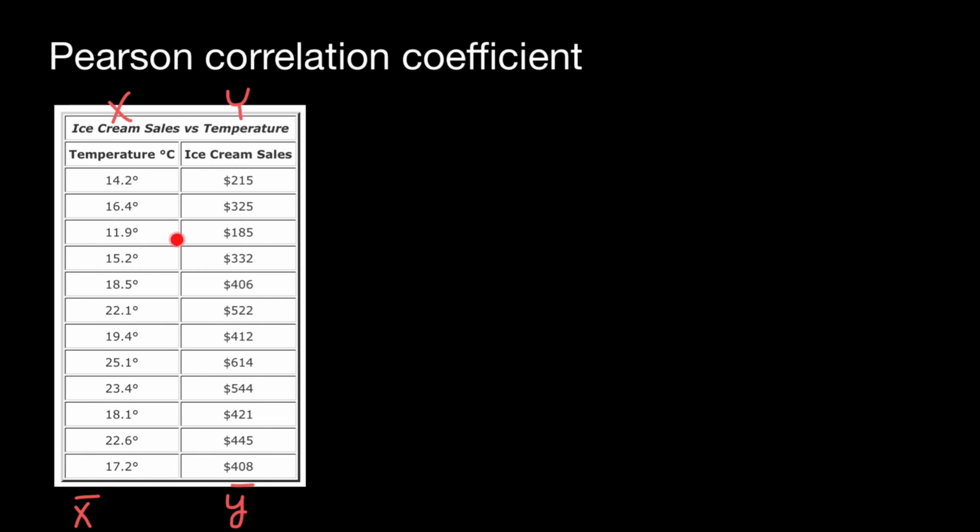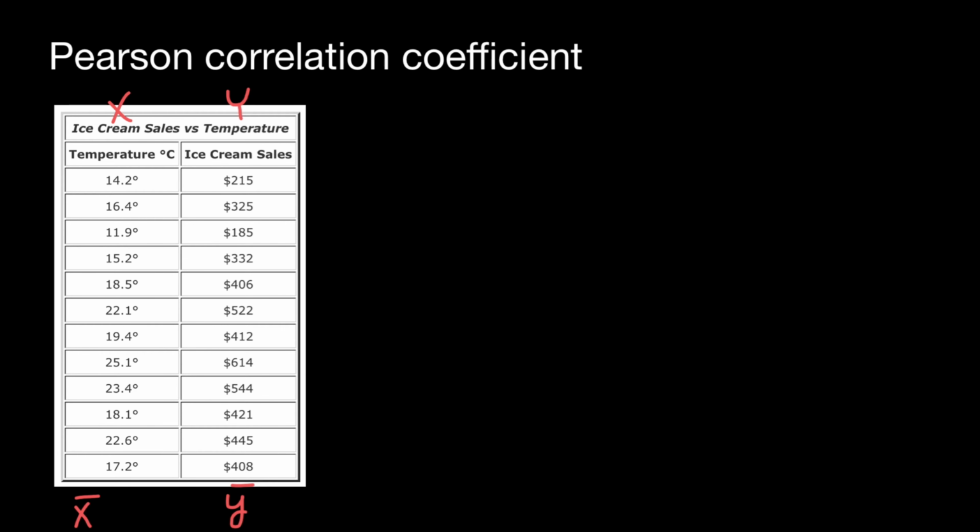How do we find the mean of each column? We just add these numbers and divide by the number of numbers. So 1, 2, 3, 4, 5, 6, 7, 8, 9, 10, 11, 12. We add all these numbers and divide by 12.